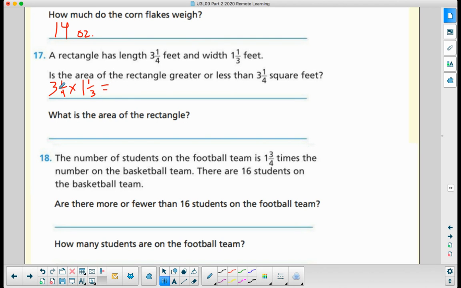And since I have the factor 3 1/4 that I'm comparing to, is it going to be greater or less than 3 1/4? Well, my other factor is 1 1/3, which is greater than 1, so it's going to be greater.